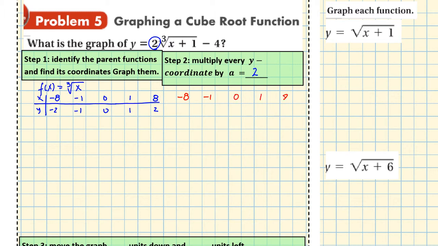So that means that we go back and we multiply all of them by 2 and write the new y coordinate. So the new y coordinate is negative 4, negative 2, 0, because 0 times 2 is 0, 2, and 4. Okay?